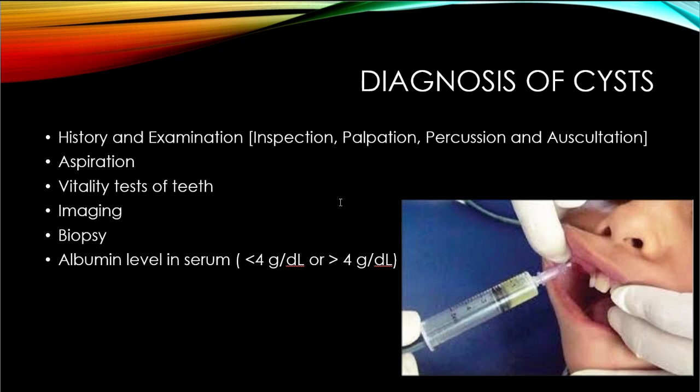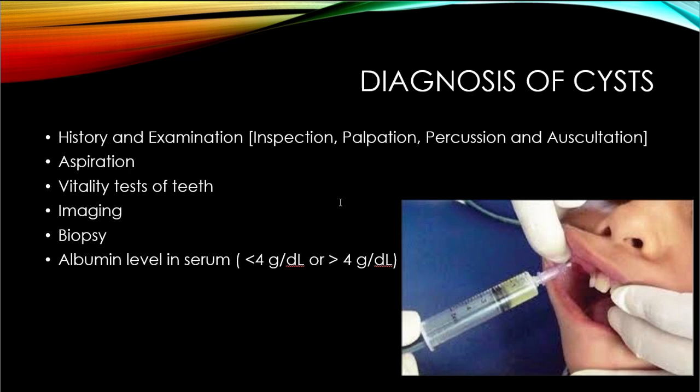Imaging, panoramic X-ray or CBCT if we want to see the 3D cystic lining. And we sometimes take a biopsy from the lining to see the type of the cyst, and the albumin level, whether it's less than 4 or more than 4.